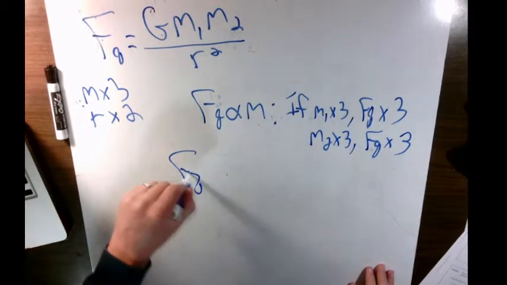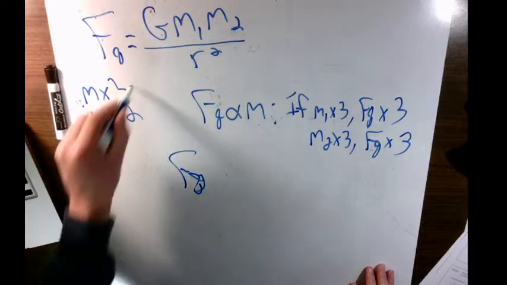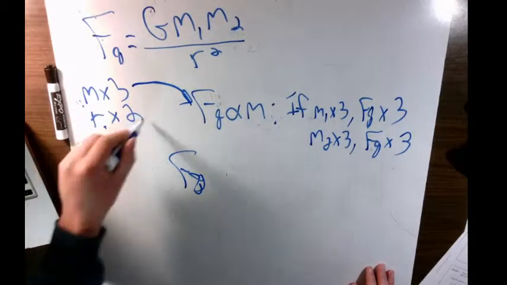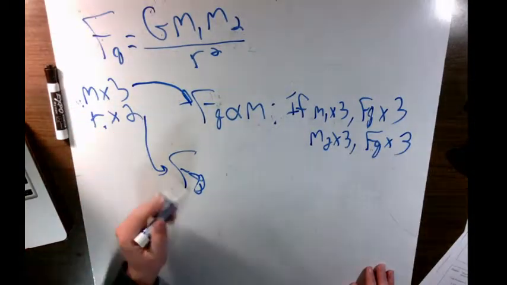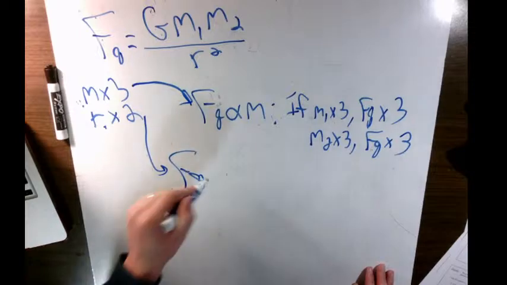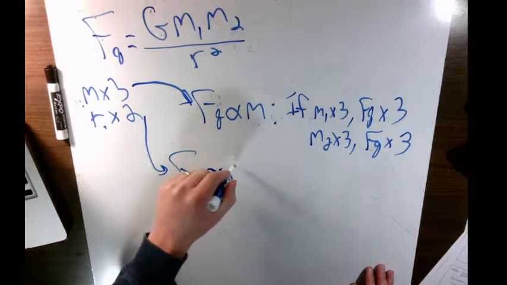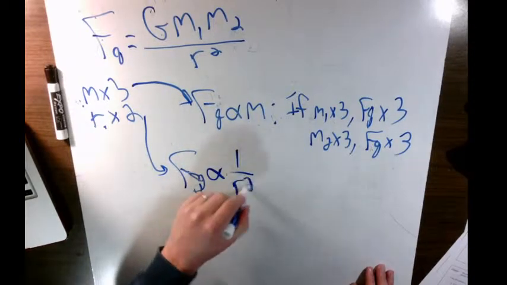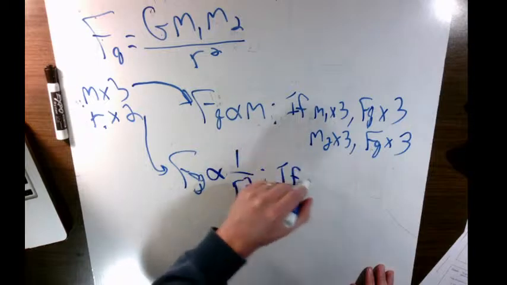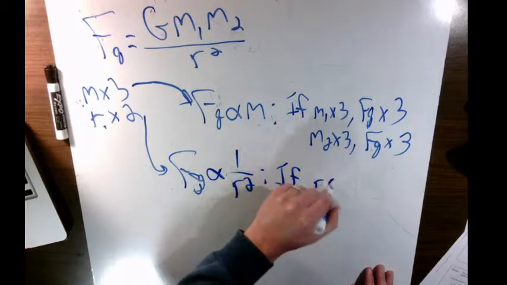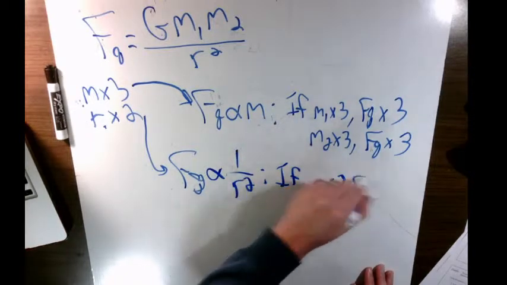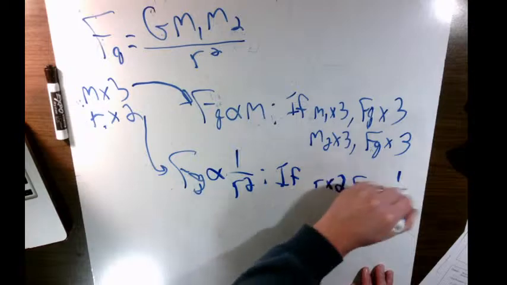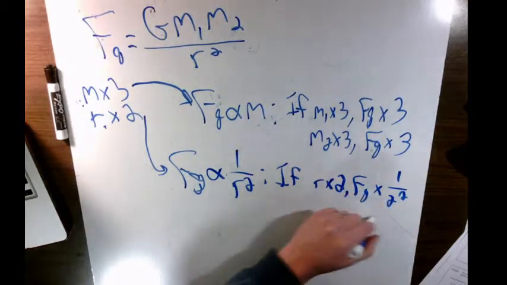And looking at our distance being doubled, so here we're increasing both masses tripled, or increasing it 3 times. And our distance is inverse squared. So if our distance is doubled, times 2, force of gravity is times 1 over 2 squared, or 1 over 4.